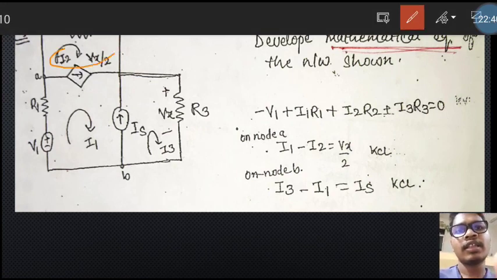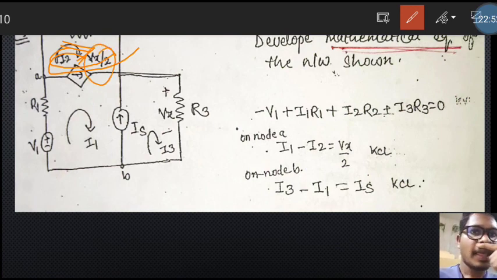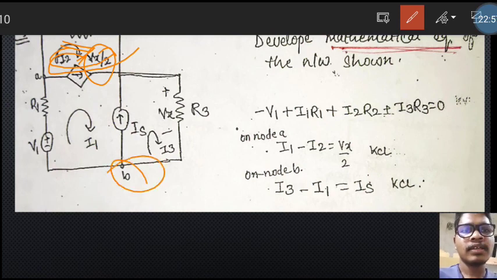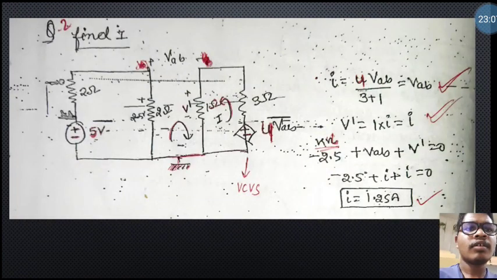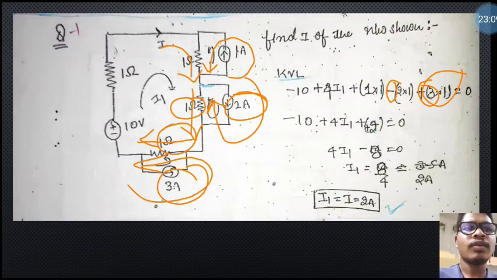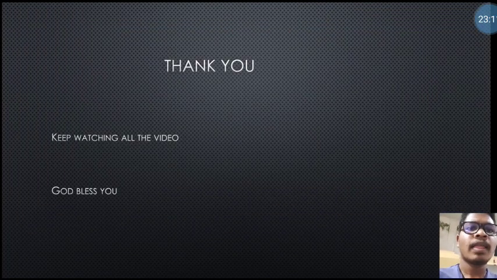So I1 minus I2 is equal to this current, that is Vx divided by 2, and put the KCL in node B, then you will find I3 minus I1 is equal to Is, by only applying the KCL. So those are some problems related to mesh and Supermesh analysis. So for today, that's it. Thank you for watching.